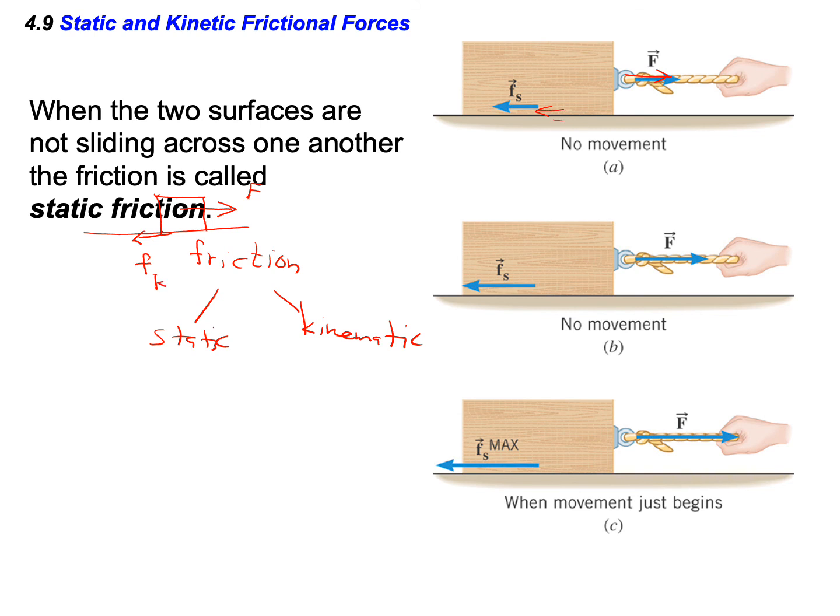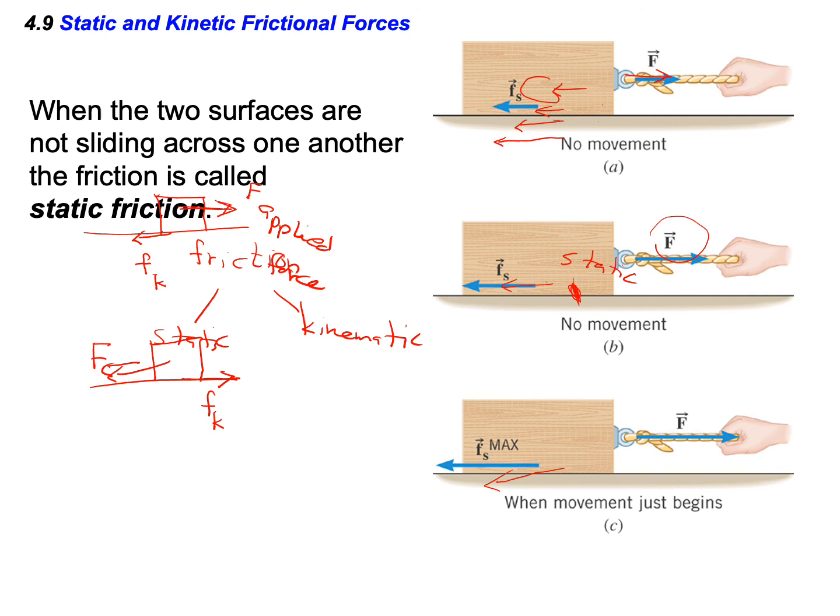If you increase that force, you may be slightly able to move it, or if you keep increasing the force, at one point you see that the object is moving. So the initial force you apply is balanced by a force between the two surfaces, and if you increase the force, the additional force you apply is balanced by the force acting between these two surfaces. That type of friction, we call static friction.